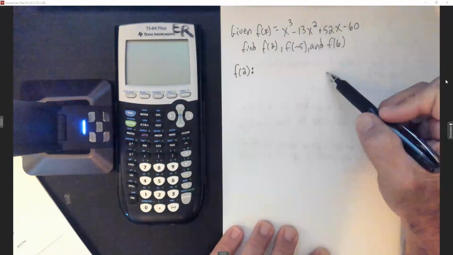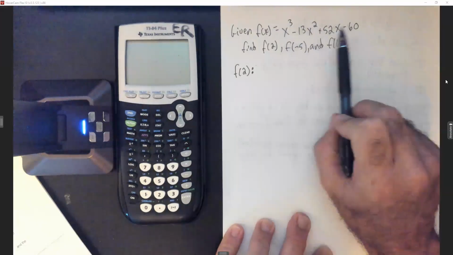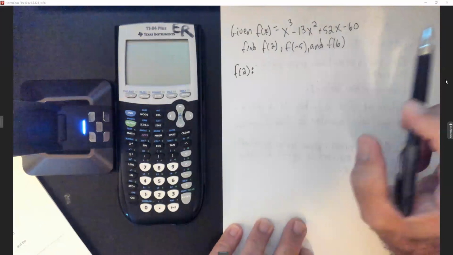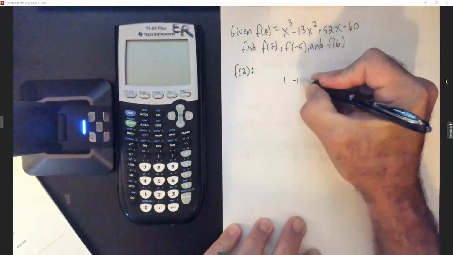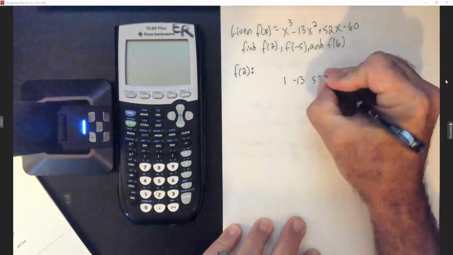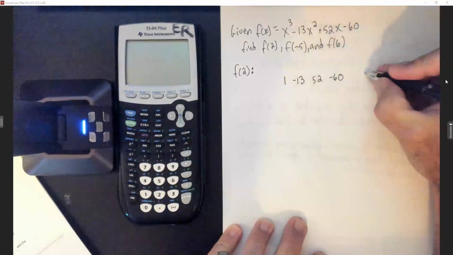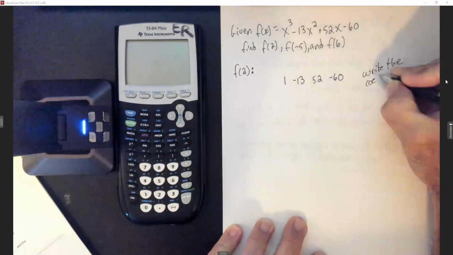So I don't have that on this example. So write out the coefficients. So that would be a 1, negative 13, 52, and then a negative 60. So the first thing I did was write the coefficients of the polynomial.